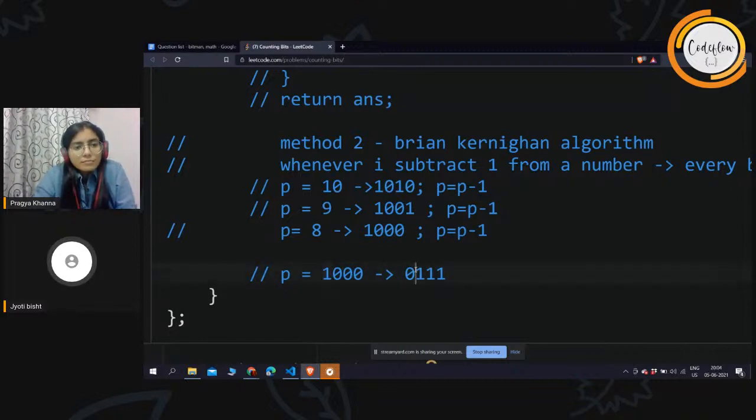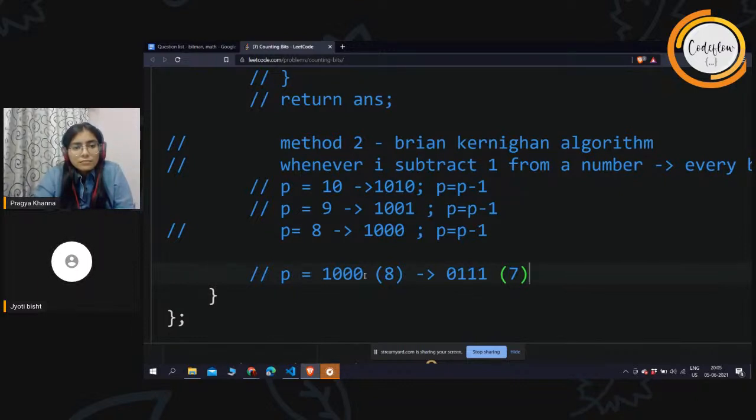So I will reverse this, and every bit after that will be reversed. So this will give me the answer, right? 0111. And if I want to verify, 1000 is actually 8 and 0111 is 7. My theory, my algorithm works, right?